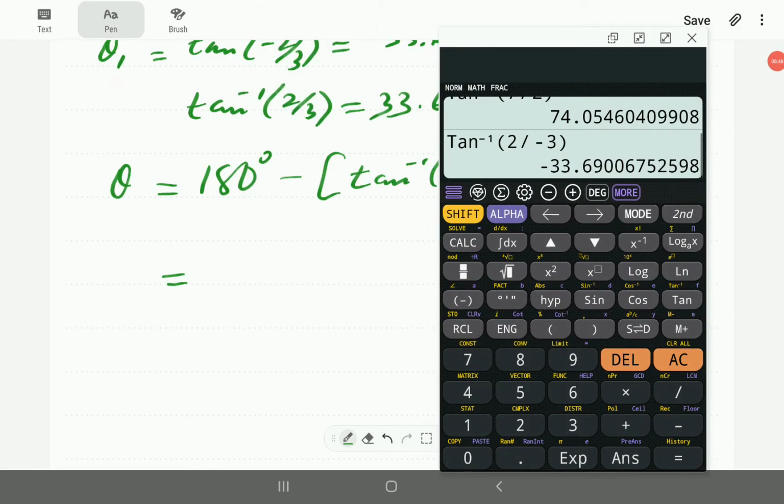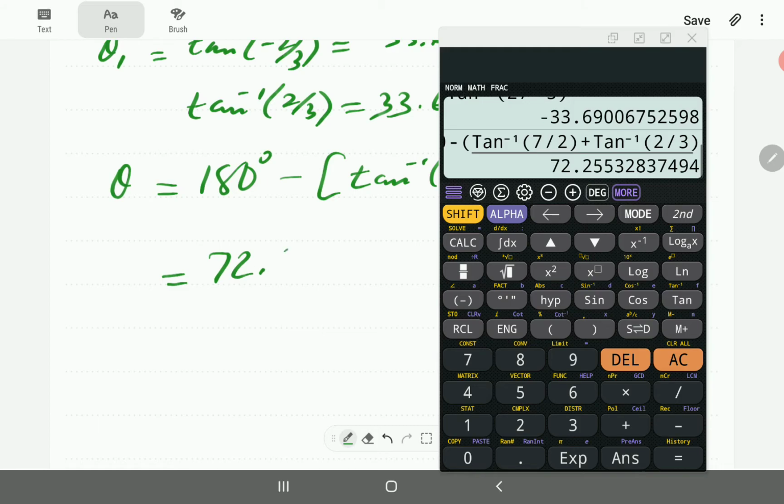So 180 minus open brackets, inverse tangent 7/2 plus inverse tangent 2/3, and the angle is 72.26.